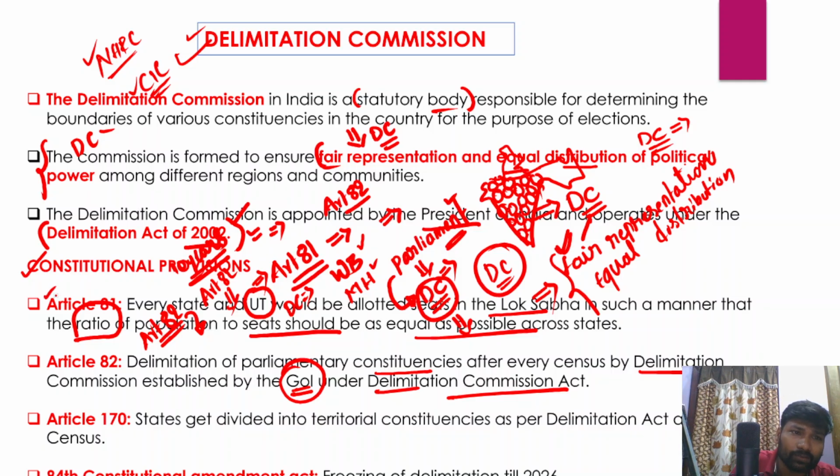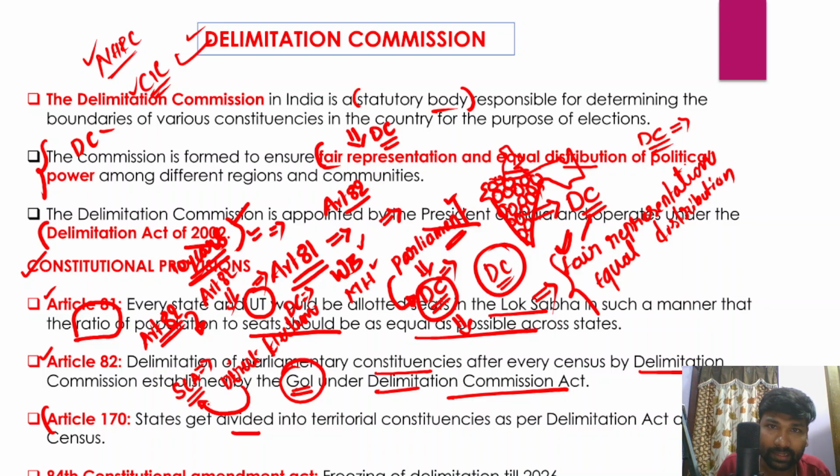So I hope it is clear for you. So Article 81, Article 82 and Article 170 of the Indian Constitution. It says that states get divided into territorial constituencies, right? Because we also have state legislative assemblies, and elections are done in a direct fashion, or direct elections take place for electing representatives to the state legislative assemblies.